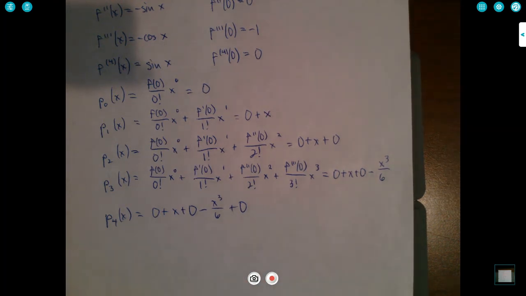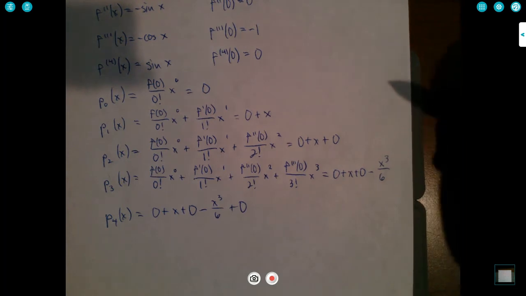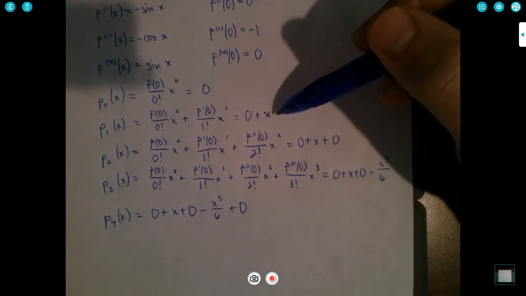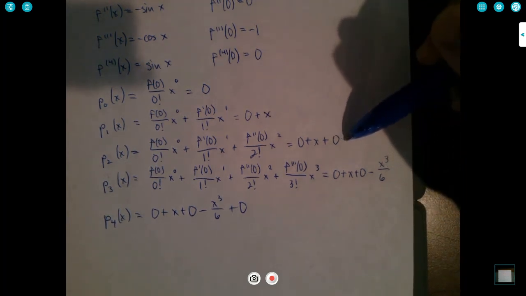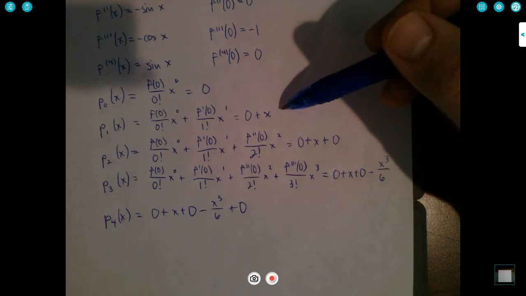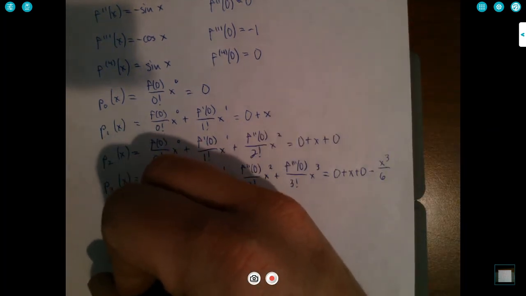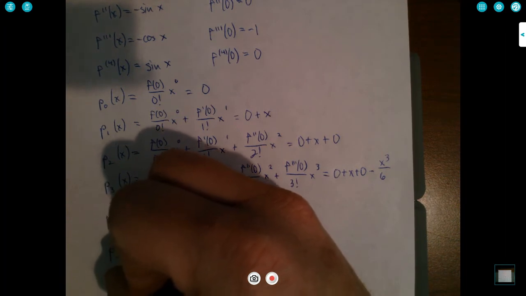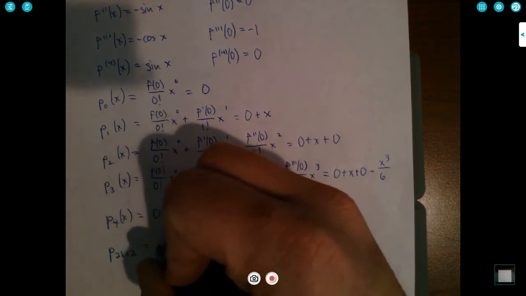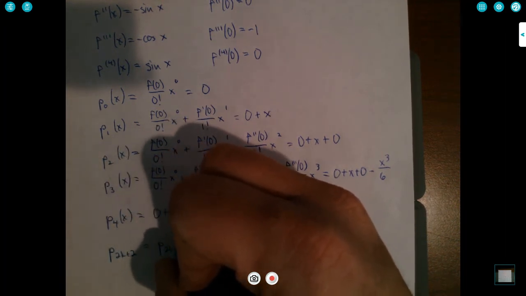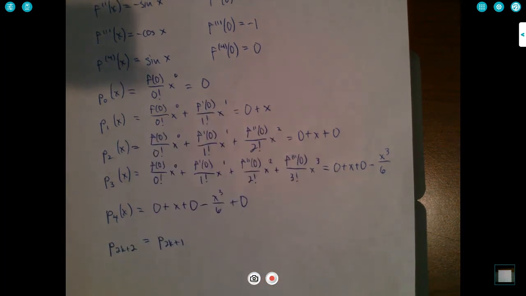Okay? So writing down a general rule for this is maybe a little bit tricky, but we could say something like this. If every even Maclaurin polynomial is the same as the odd numbered Maclaurin polynomial that came before it, then we can say something like p sub 2k plus 2 is equal to p sub 2k plus 1, right? They're really the same thing.